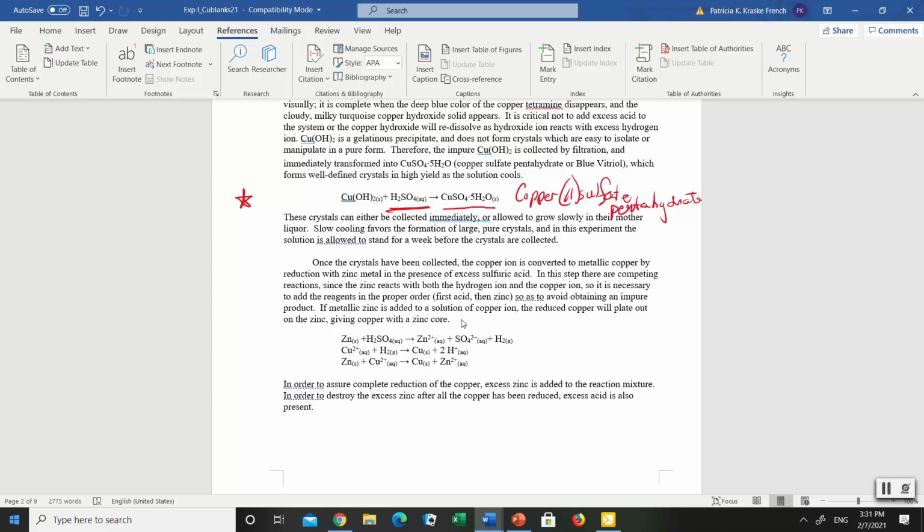Then next week, we're going to use some zinc and some acid, and that zinc is going to reduce the copper 2 plus to give us just copper. So, an oxidation reduction reaction, where the zinc reduced the copper 2 plus.